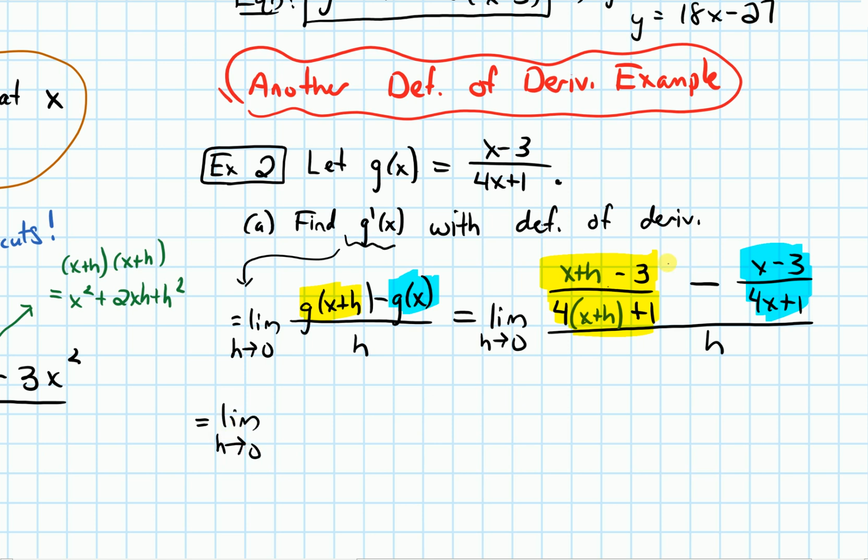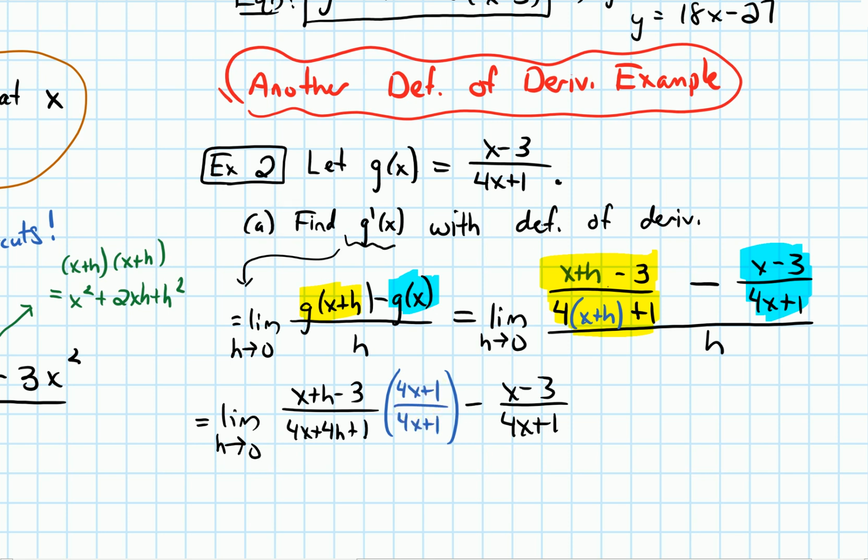And I have a fraction minus a fraction. So we have x plus h minus 3 over, if I distribute, 4x plus 4h plus 1, minus the other fraction, x minus 3 over 4x plus 1. And to subtract two fractions that have different denominators, we have to get a common denominator. So let's multiply this first fraction, top and bottom, by just 4x plus 1, the other denominator.